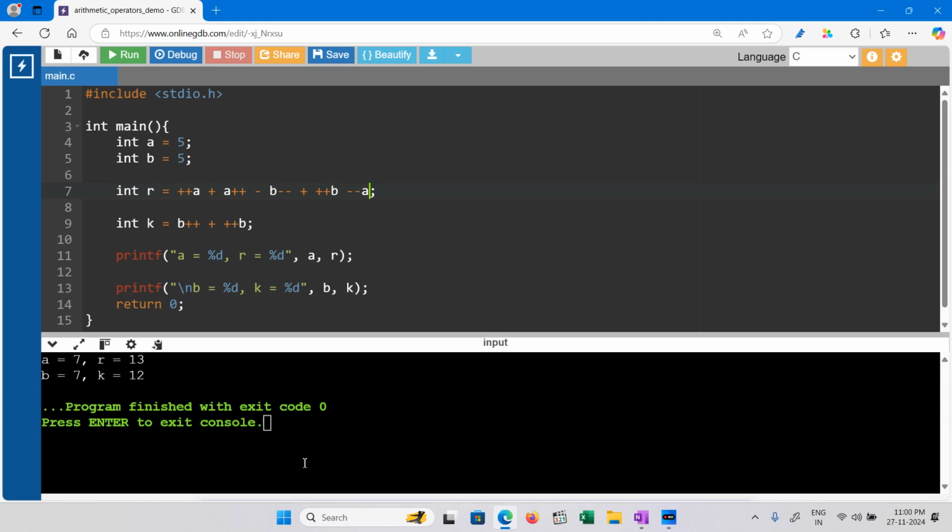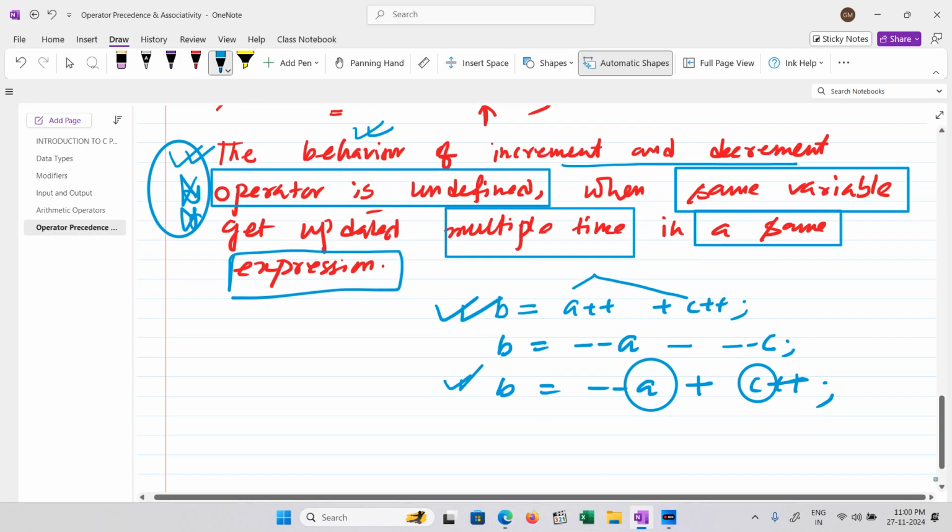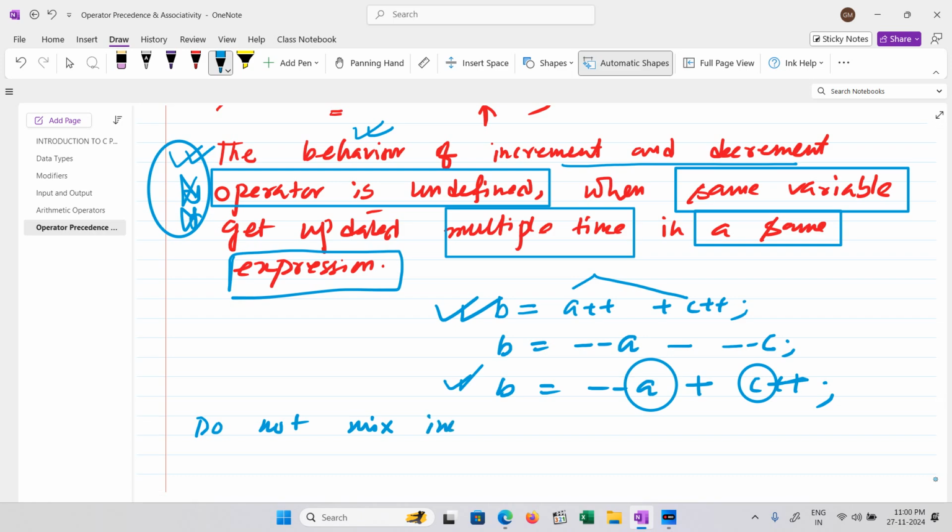So as per the standard, it is suggested: do not mix increment and decrement operators. Do not mix. Simple statement.